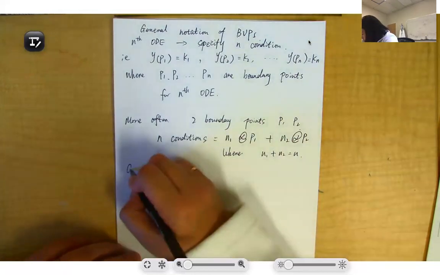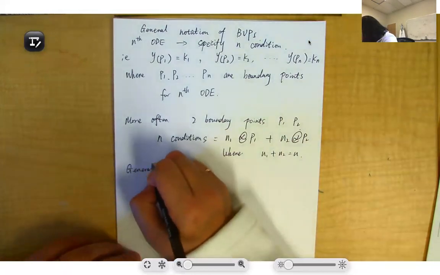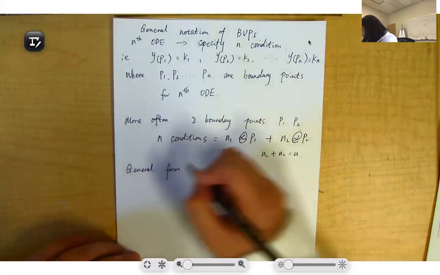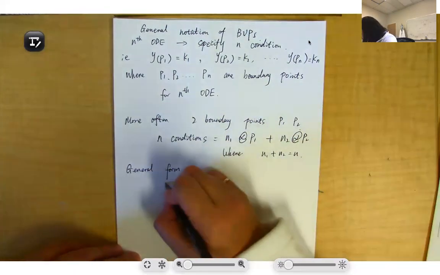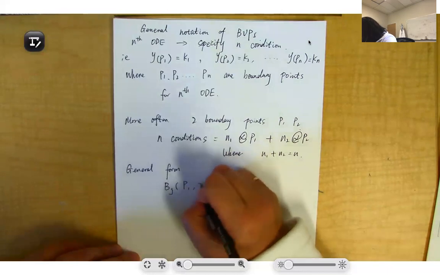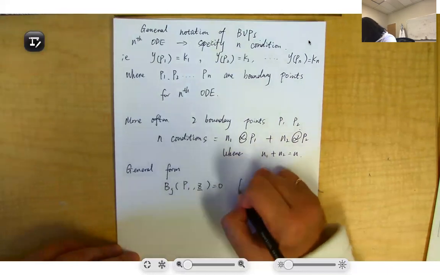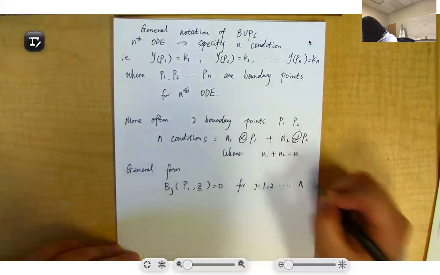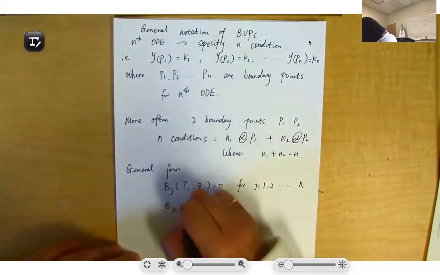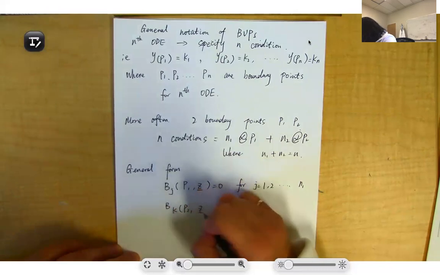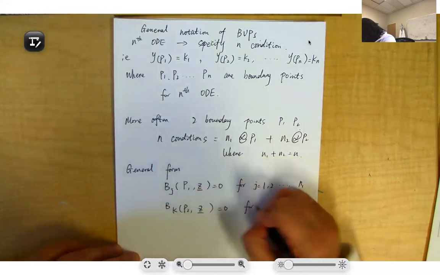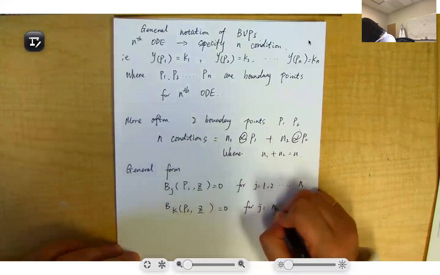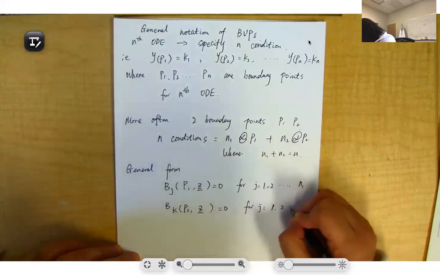The general form for the boundary value problem is B_j(P1, z) equals 0 for j equals 1, 2, until n1, and B_k(P2, z) equals 0 for k equals 1, 2, until n2.